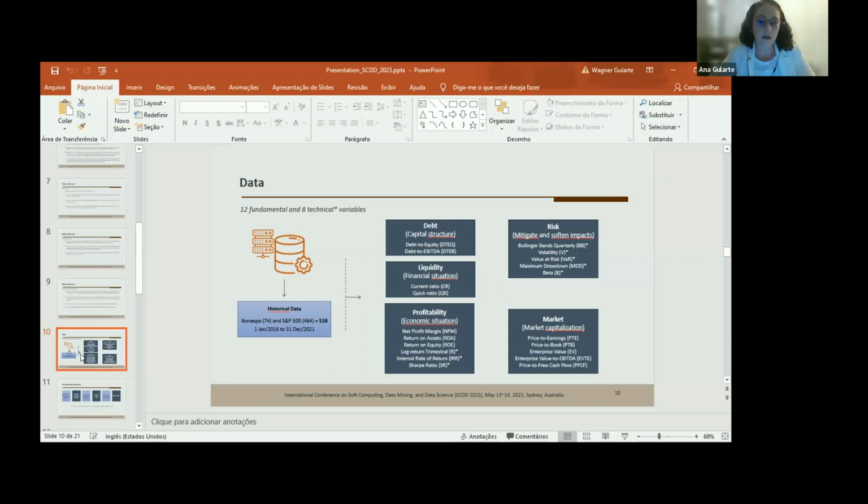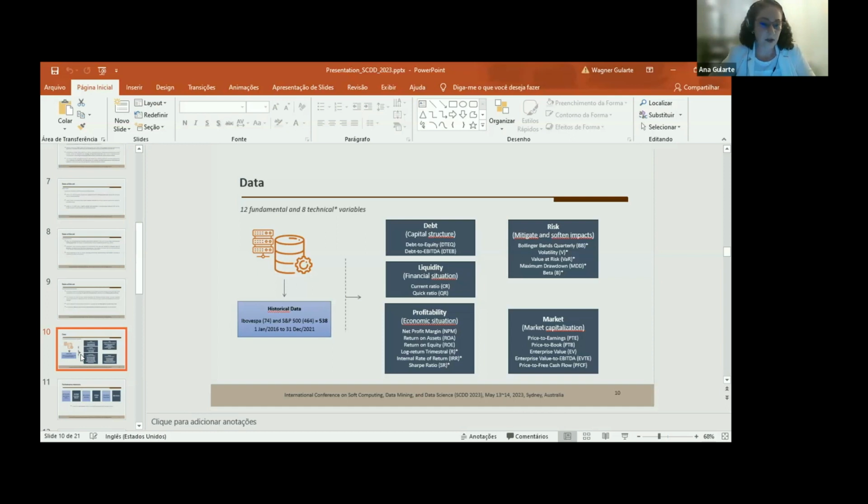They show the company's ability to honor its commitments, especially those in the short term. Profitability variables show the return earned by the company on the use of its assets over a certain time. They seek to relate the company's profit to its size expressed through its sales or its assets.